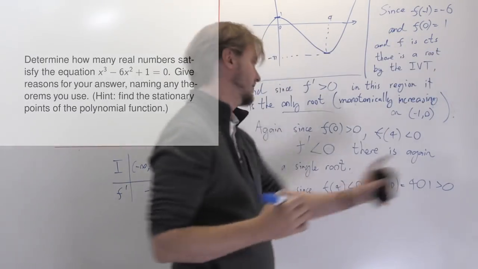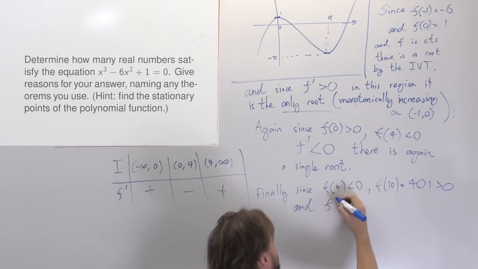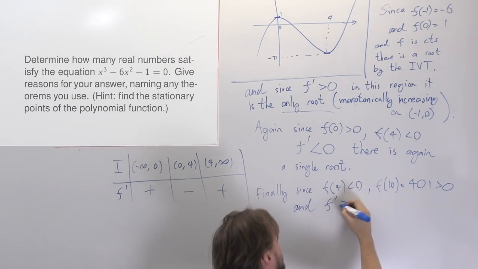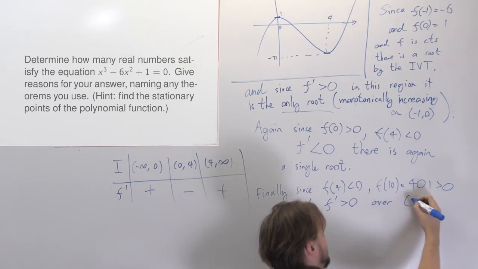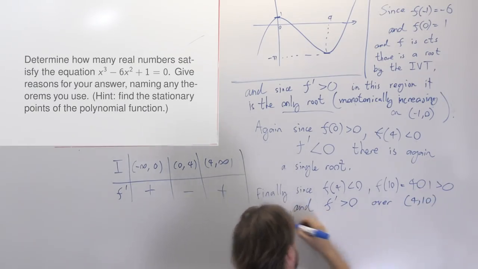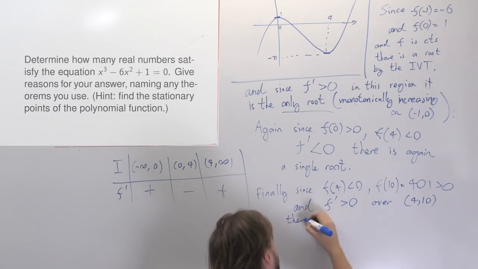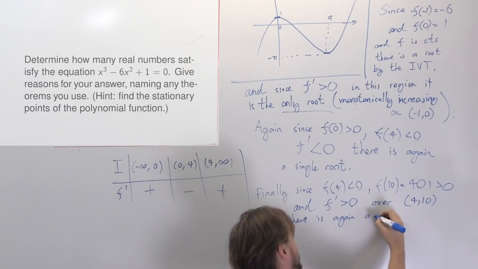So again, since there is a change of sign, and f, now the derivative is positive over 4 to, in this case, 10, there is again a single root here.